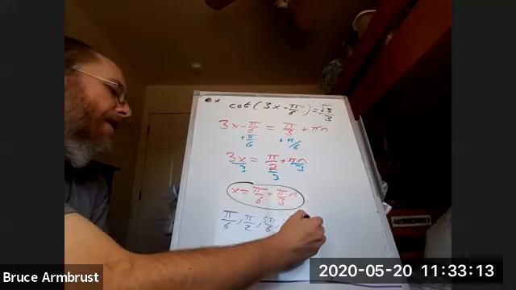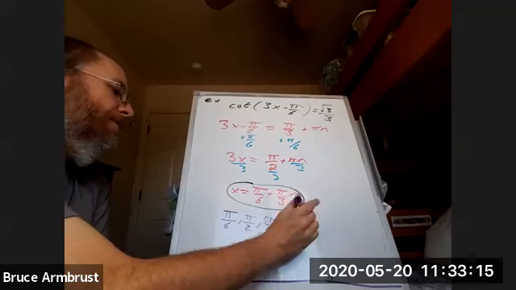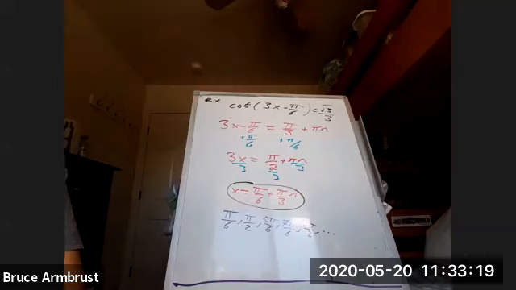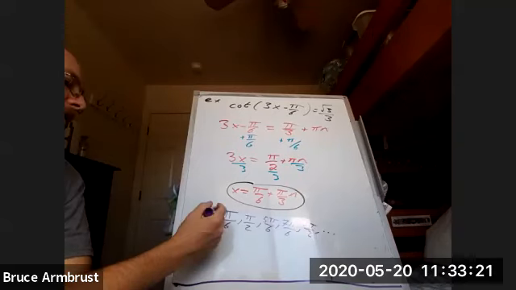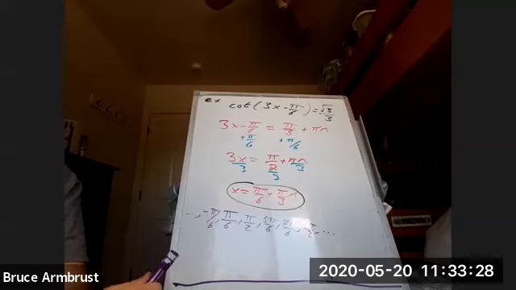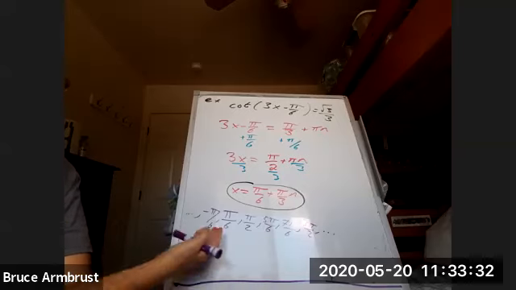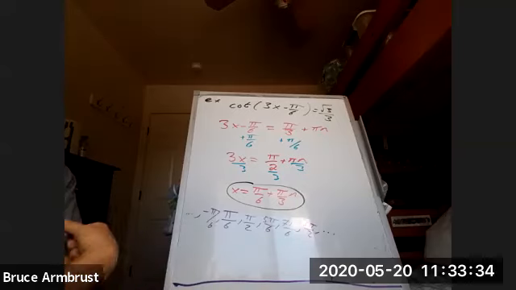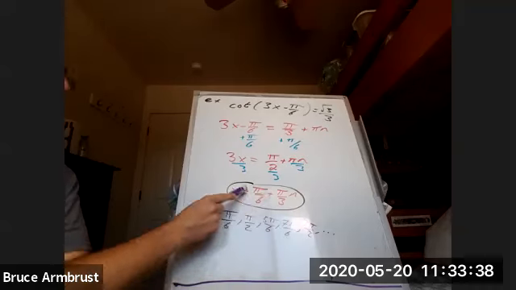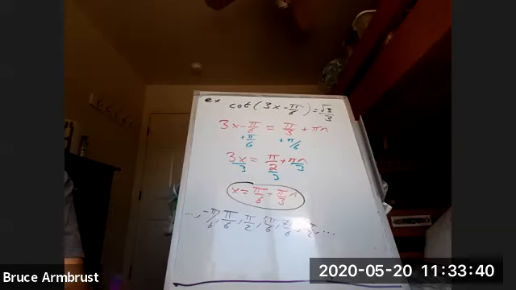The next one's going to be 9 pi over 6, which is the same as 3 pi over 2, and so on. If I went the other direction, I could have a negative pi over 6 if I subtract pi over 3, and so on and so forth. So there's the list of all the different numbers written out. But again, we can be nice and concise, nice and lazy, and just write it like I have circled in the black.